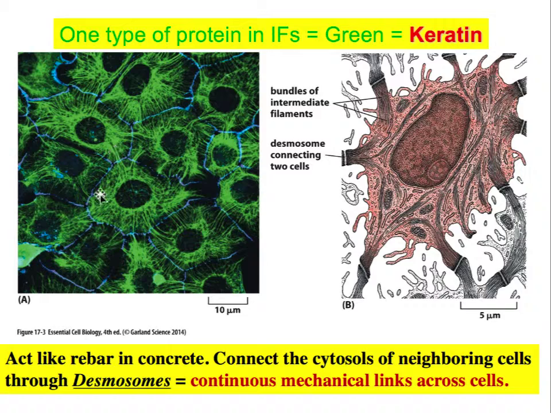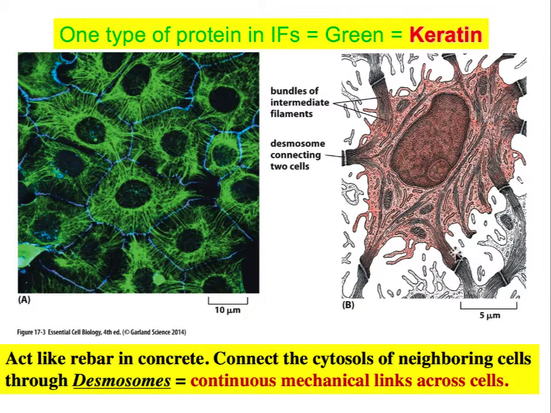On the left here, we have cells connected together, epithelial cells, whose keratin has been stained. And you can see the organization of the keratin in the cytoplasm. And the keratin from one cell is interconnected through desmosomes, which we'll discover in a different chapter, into neighboring cells.